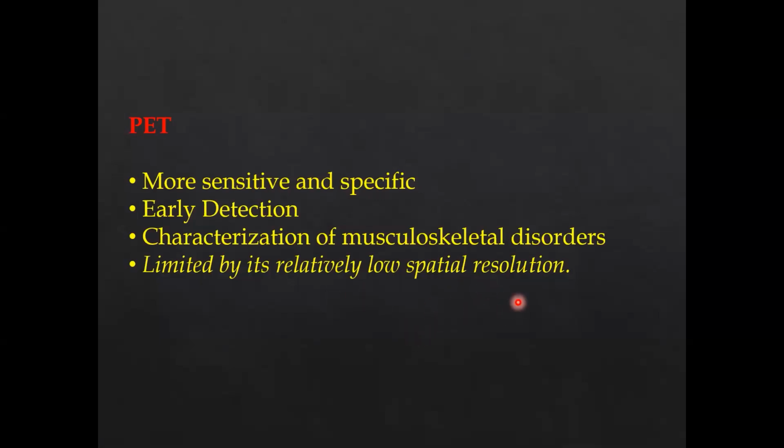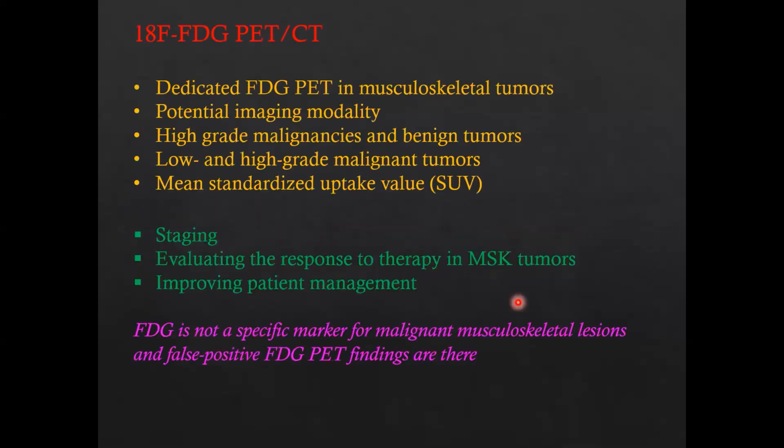So 18F FDG PET CT is a potential imaging modality in musculoskeletal disorders, especially high grade malignancies and benign tumors, low and high grade malignant tumors, and the quantification is done by mean standardized uptake value, that is SUV values. With this, we can evaluate or stage the oncological responses, evaluating the response to therapy in musculoskeletal tumors, improving patient management.